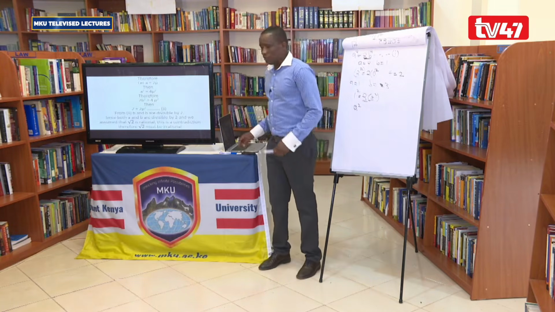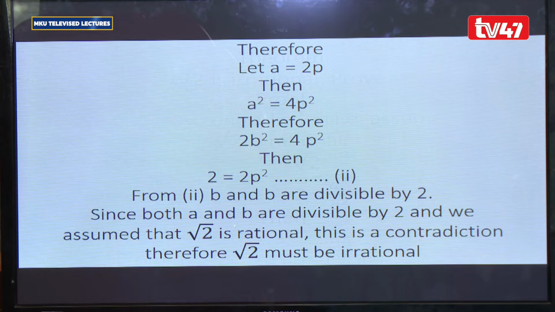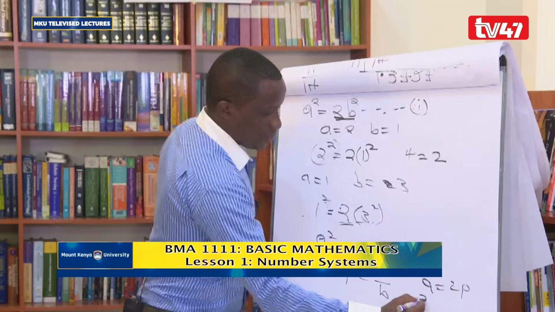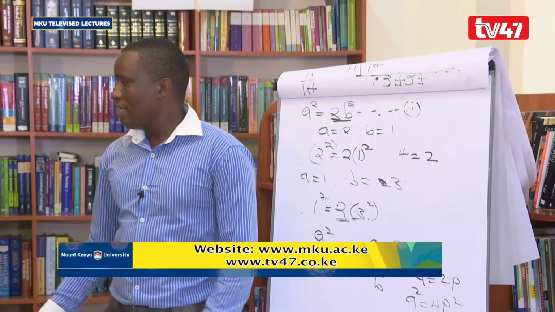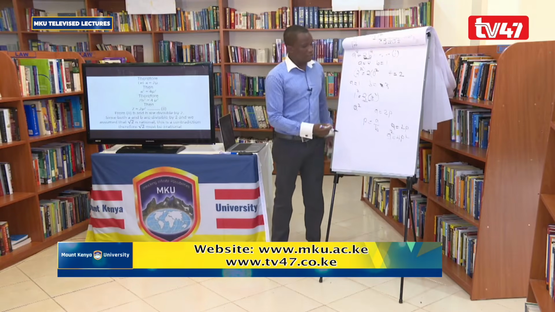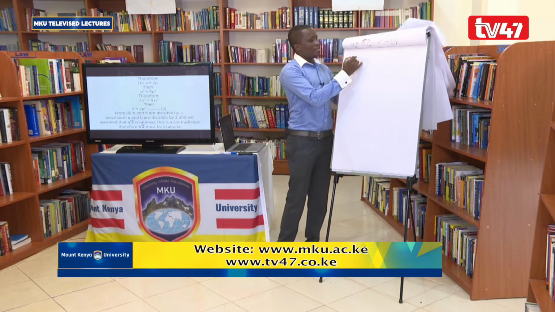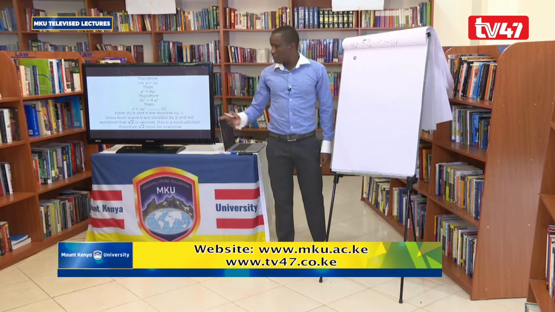Now, look at this. We have a equal to 2p from the representation of p equal to a all over b. And if we substitute here, then if a is equal to 2p, then if we square this, we have a squared is equal to 4p squared. Now, this representation means that if this is a new definition for a, we can equate the two sides of equation 1 and this one.